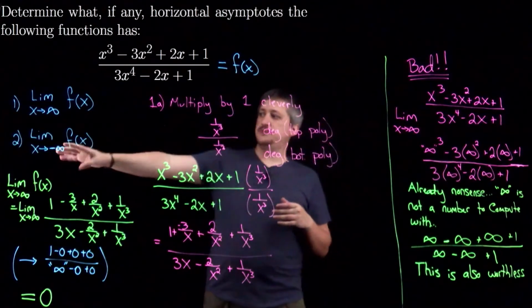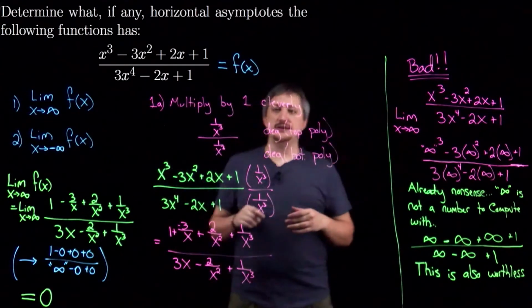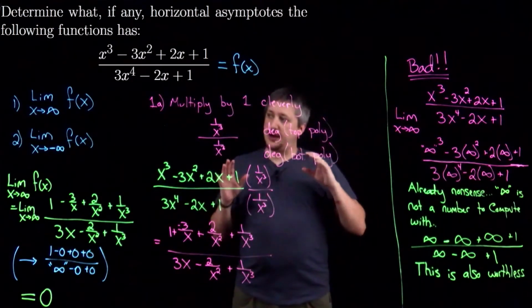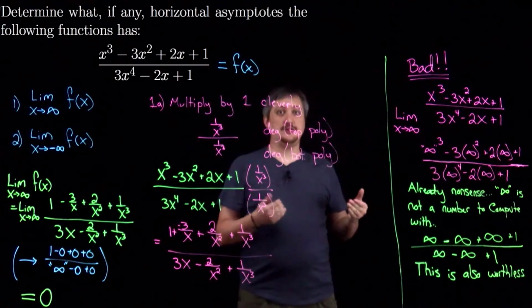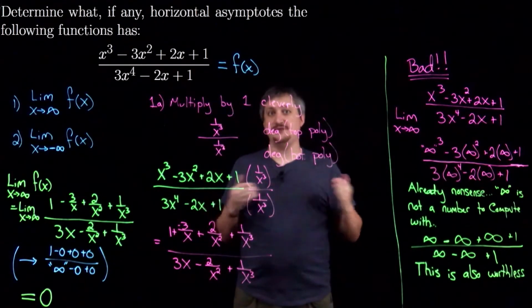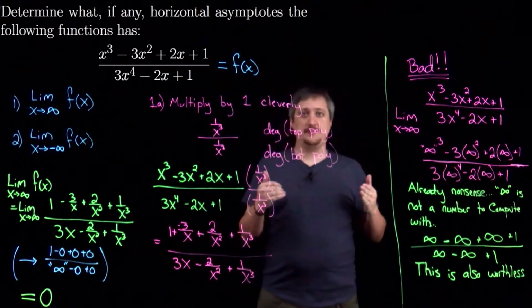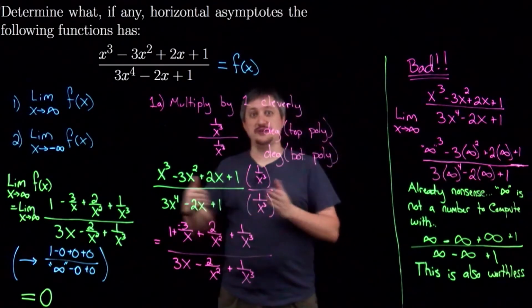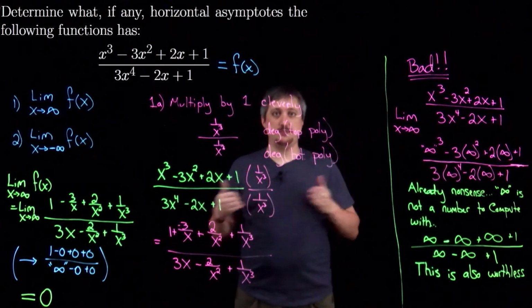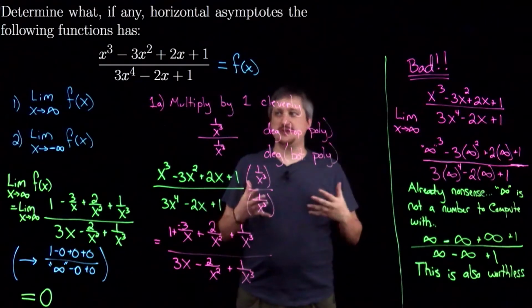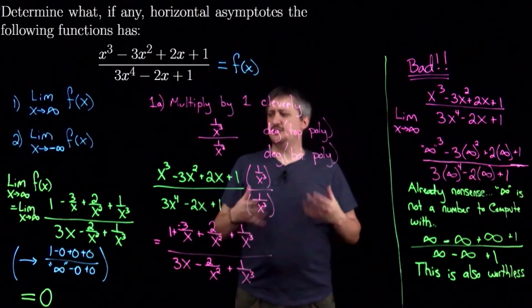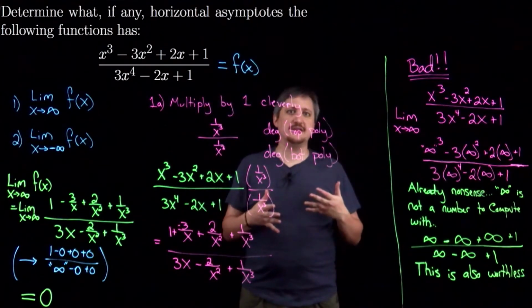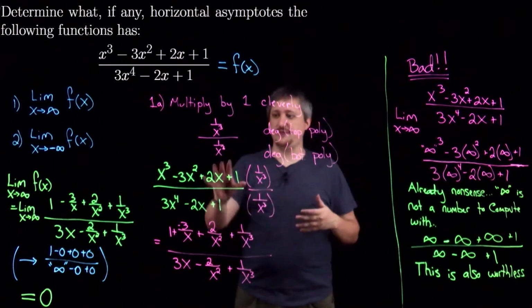For part 2, meaning if I do negative infinity, as a note, this is actually really important to do in many cases, because functions can have different horizontal asymptotes on the positive side than they do on the negative side. So you do want to compute them both. That being said, in this particular example, it would be exactly the same process, because I didn't really care whether it was infinitely positive or negative at any point here.